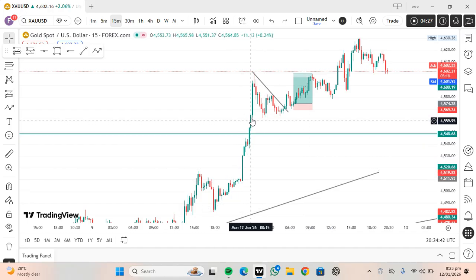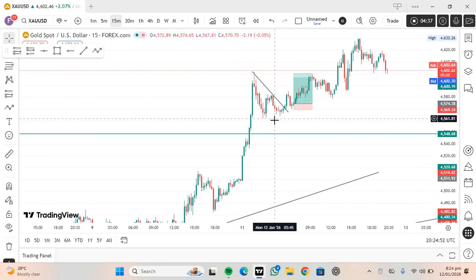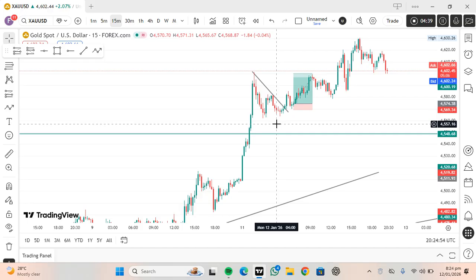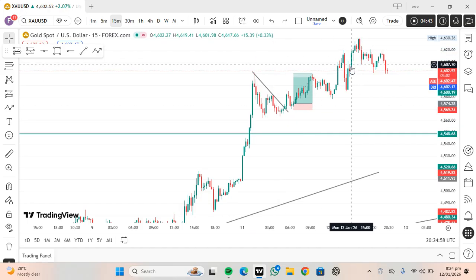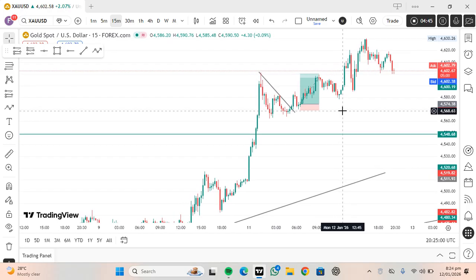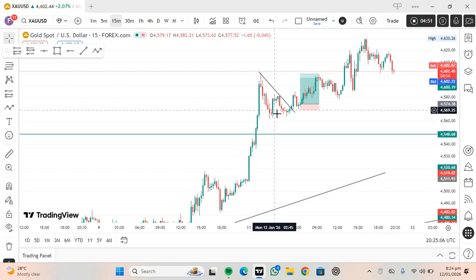Anytime gold breaks an all-time high, this is our all-time high, the green line, it will make a pullback. And after that pullback, you see price move aggressively. So this was what happened. Price broke the all-time high and reversed back, or retraced back.